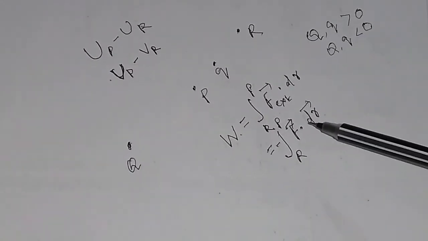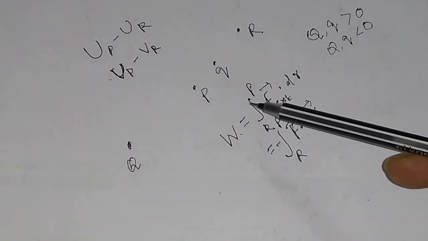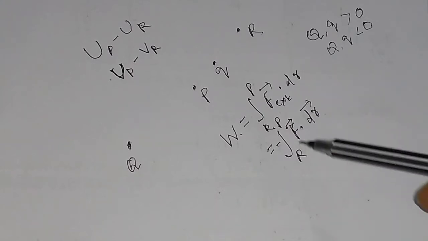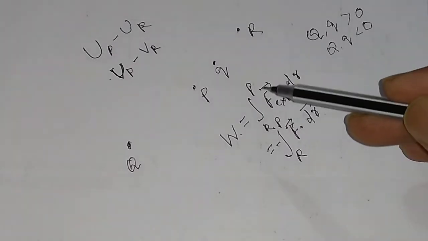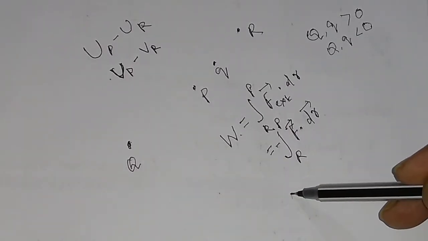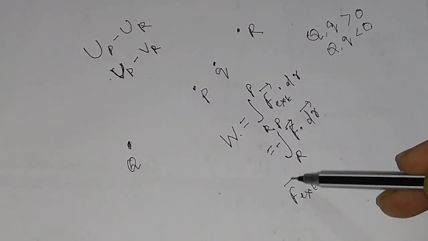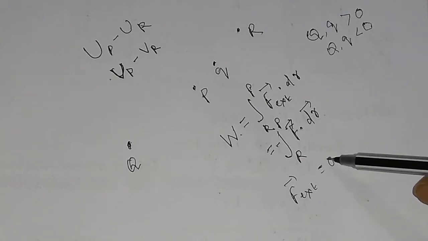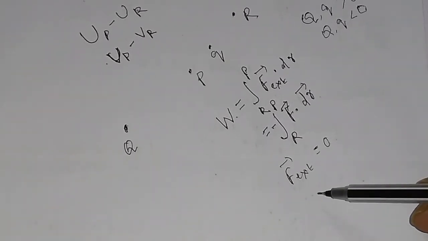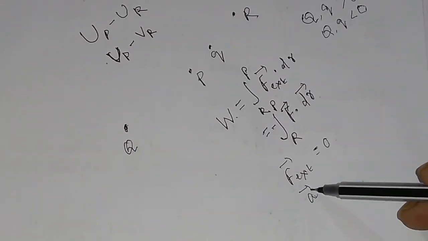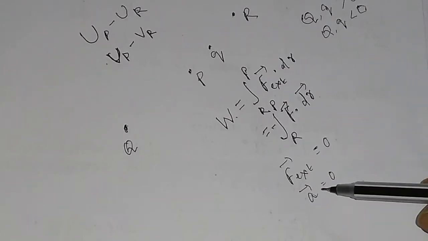So how can you make the work done by the external force equal to 0? This will be 0 if F external is 0. F external will be 0 if acceleration is 0, and acceleration is 0 if velocity is constant.